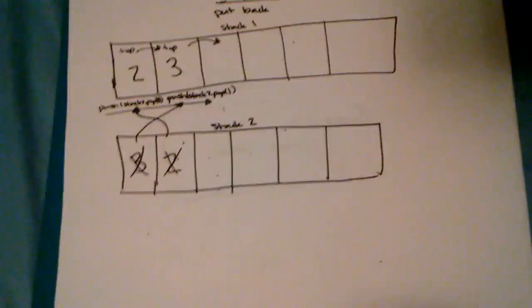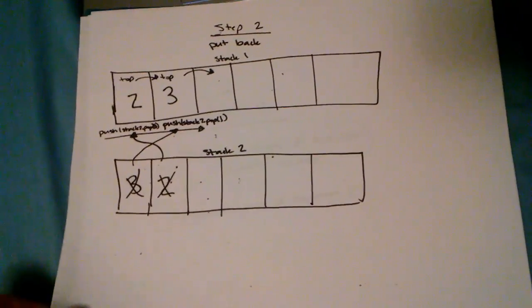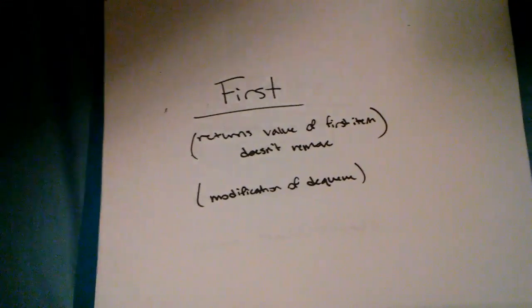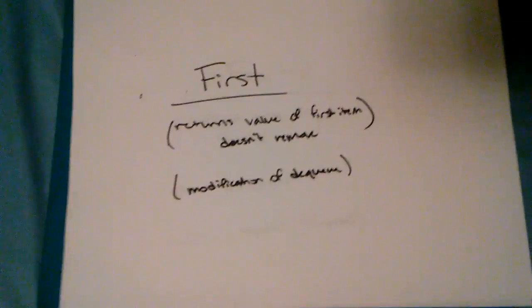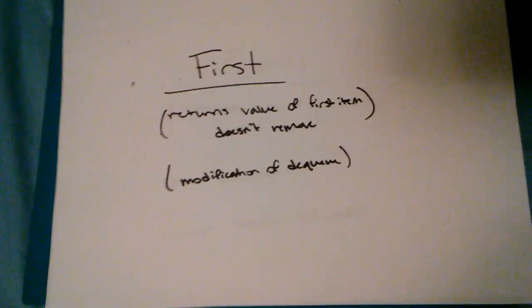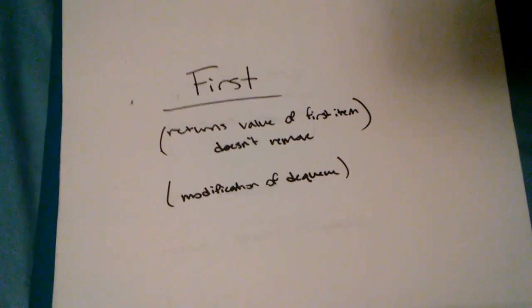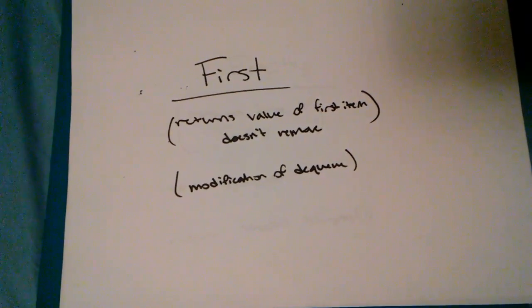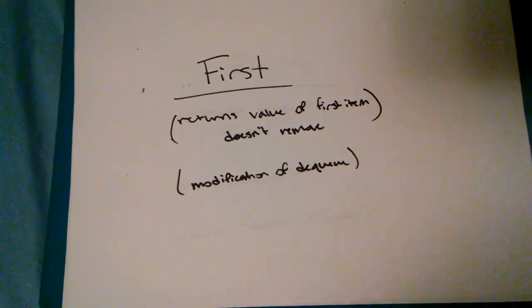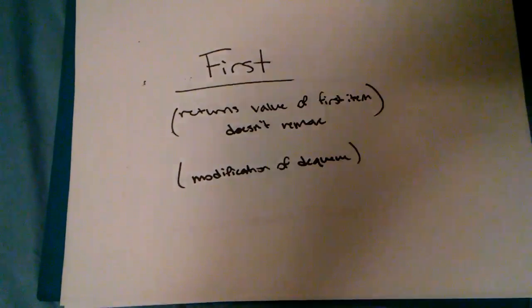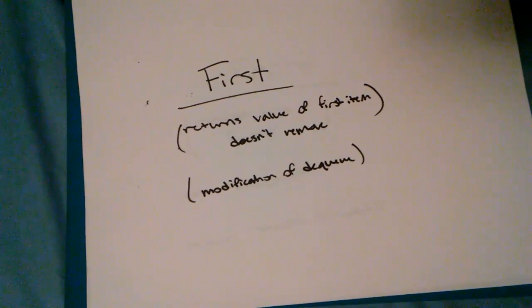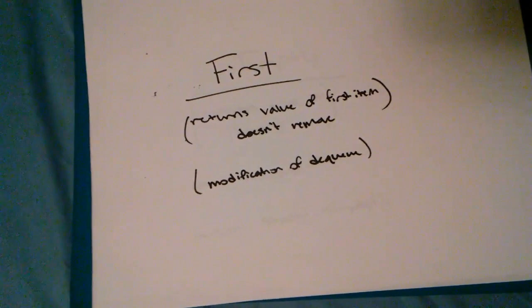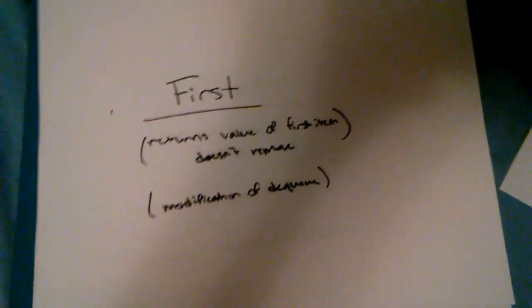That's dequeue. The next thing that we need to be able to do is first. And I'm not going to draw the picture just because this one is very simple. So first is returning the value of the first item. So what you do is you want to look at the first item. What you don't want to do is remove it.